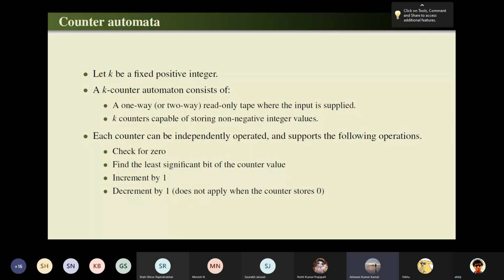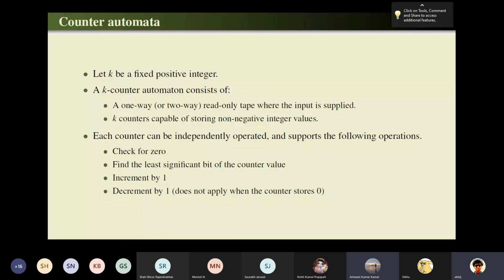So these are all the operations that each counter supports. A very, very primitive set of operations. Actually, the second one is not necessary. You can figure out the least significant bit if you are given the first, third, and fourth operations, but anyway, let's have it handy.